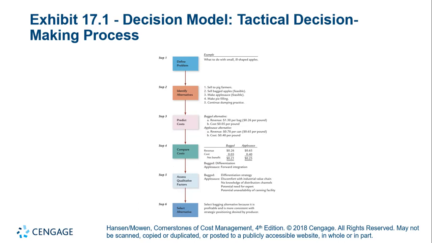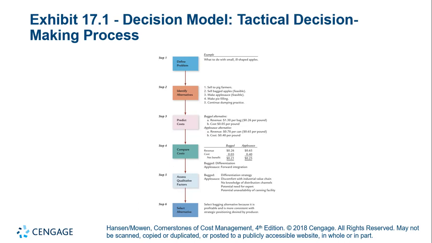So in other words, one reason why you have to use the bagging alternative rather than the apple sauce is because, as stated, it is profitable and is more consistent with the strategic positioning desired by the producer. Actually, the net benefit is 0.21.